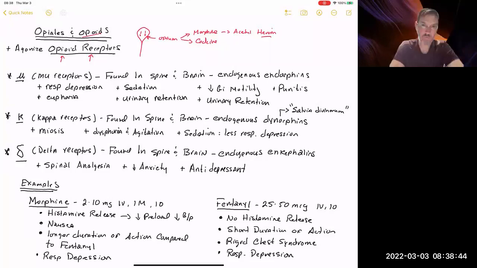And we'll talk about the biological reason. And the biological reason really kind of surrounds modulating pain, anxiety, and other related phenomena.